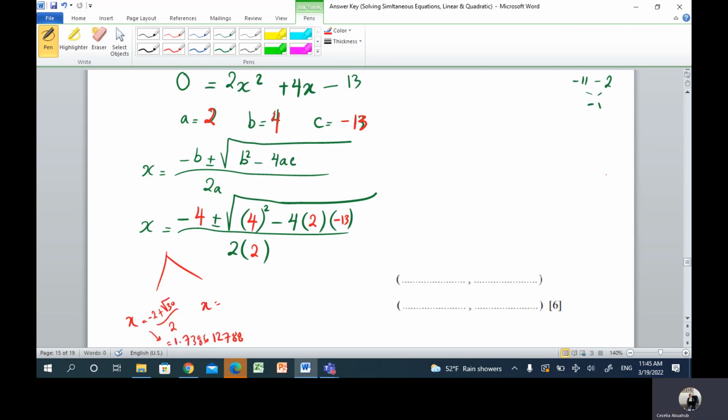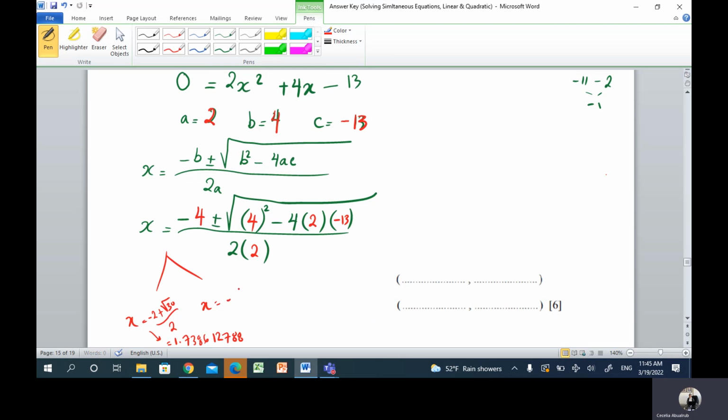12788. And then we're going to substitute, use the calculator, fraction minus 4. I'm going to say now minus square root of 4 squared minus 4 times 2 times negative 13 over 2 times 2, and then put the equal.